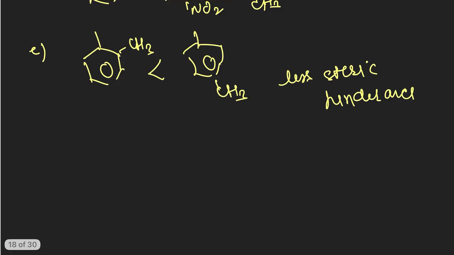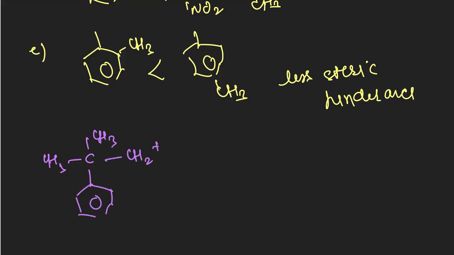We have CH3 C CH3 CH2 plus, and we have this methyl and CH3 group. When this group is going to shift, the other group is going to hinder it while making that bond. So steric hindrance will occur.